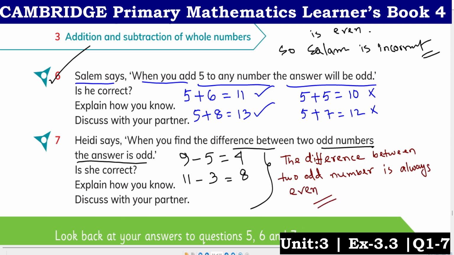Therefore Hadi's statement is also incorrect. Odd cancels the extra 1 in both numbers. So Hadi is not correct.